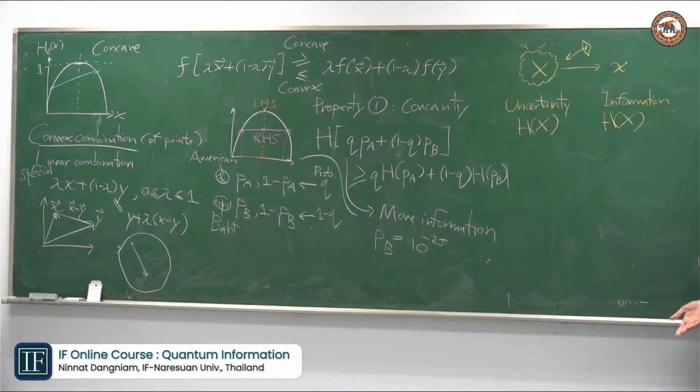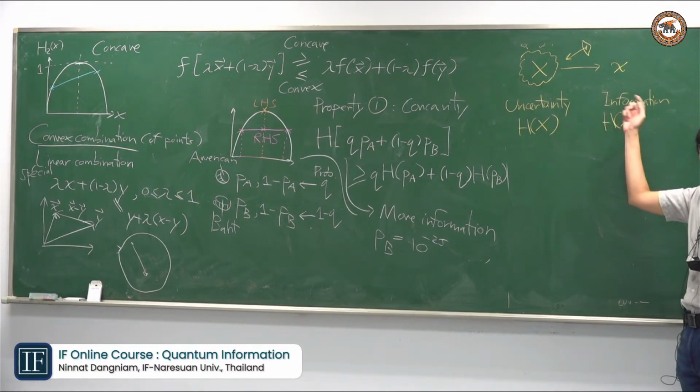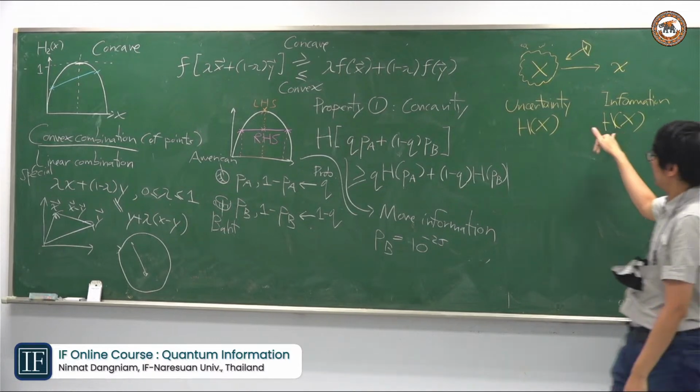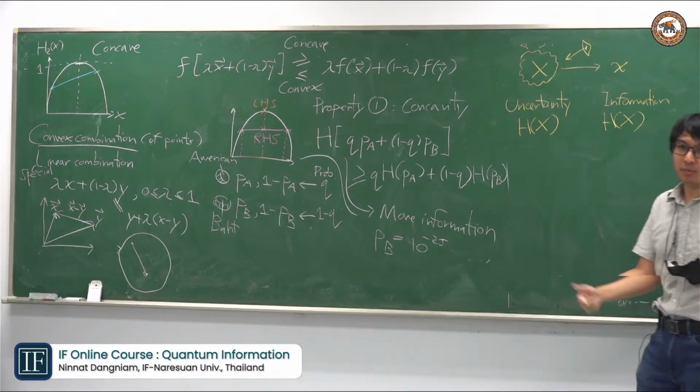Thinking of the extreme case, if there's no uncertainty, so the random variable is just trivial, deterministic, both of these would be zero. And the Shannon entropy would also be zero.